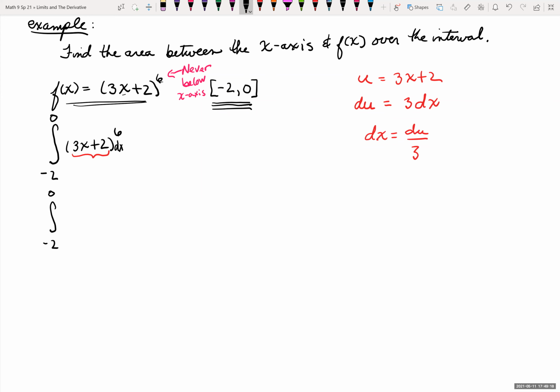Okay, so let's put back in what u is. These are my x values though, so let me put a little note to myself because I almost forgot: x is equal to -2, x is equal to 0 of that integral. And now we have u raised to the 6th power times dx, but dx is this du over 3.